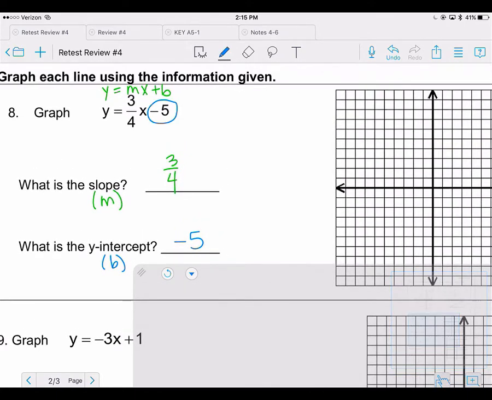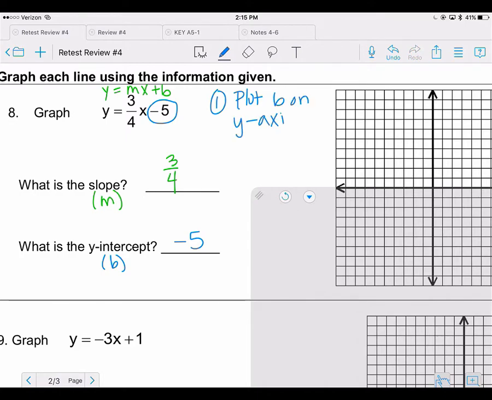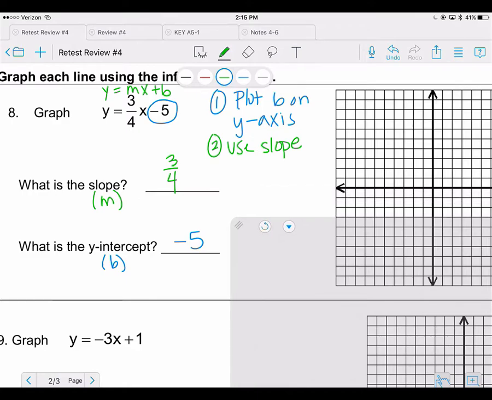Our steps to graph this line are plot b on the y-axis, and then use your slope of 3/4 to continue the line.